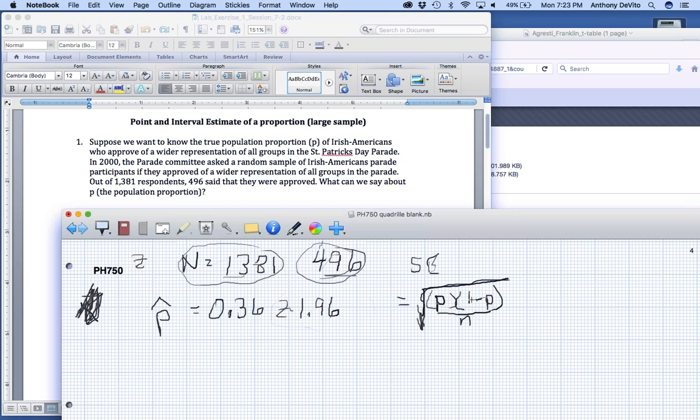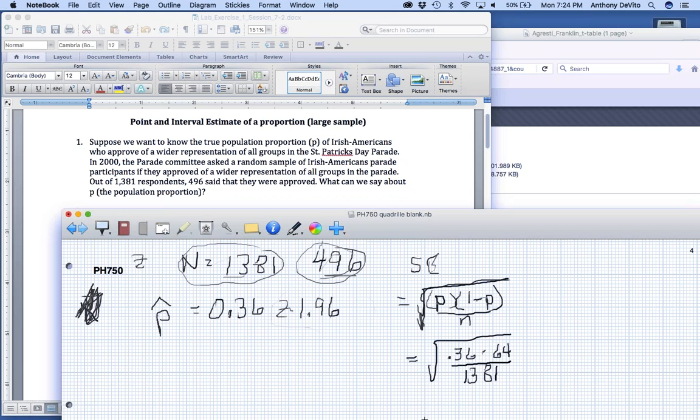Q is just another way of representing 1 minus p, so don't get fooled by that. So that's going to be equal to the square root of 0.36 times 0.64, which adds up to 1, over the sample size, which is quite large, 1381.